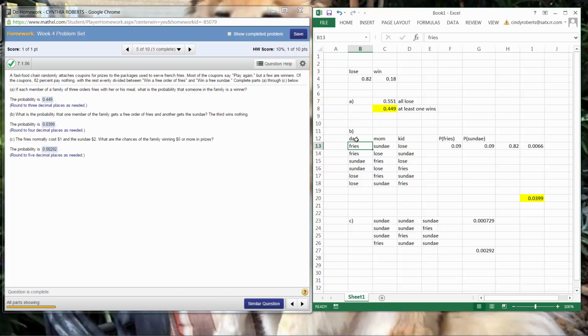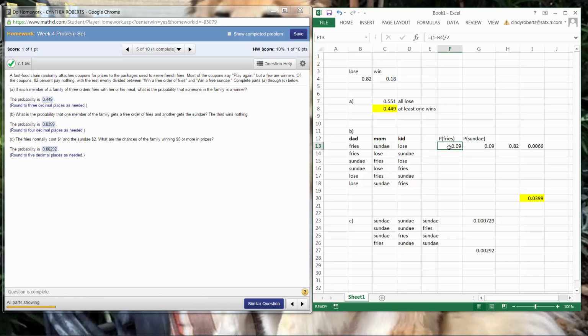And so you have to actually look at the different ways this could happen, because the kid could lose, the kid could get a sundae, the kid could get fries while the mom gets a sundae. And so these are actually the 6 different ways that could happen. That meaning somebody got a fry and somebody got a sundae.